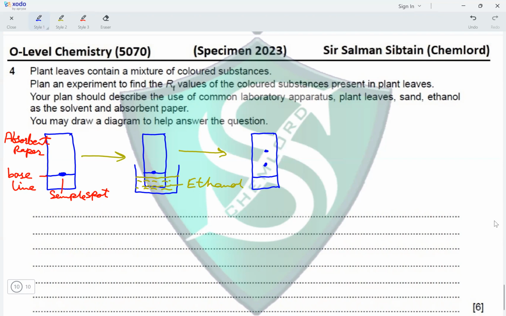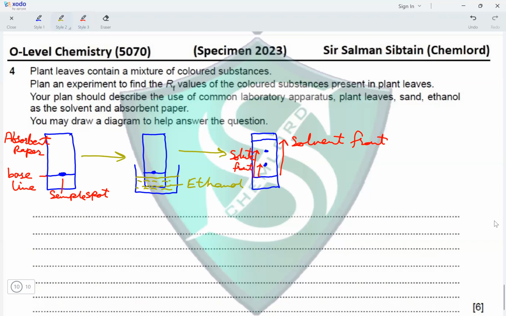And we will also mark another line here, which is called the solvent front, the distance traveled by the solvent. So the distance from the baseline till the solvent front is called the solvent front, and the distance moved from the baseline till wherever the component of the sample are moved is called the solute front.